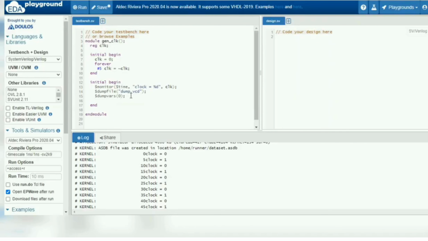So externally we have to use $finish. At 50 time delay, I'm terminating the execution here.